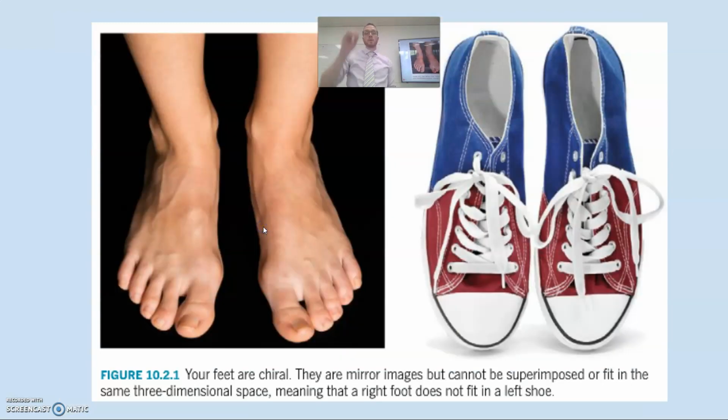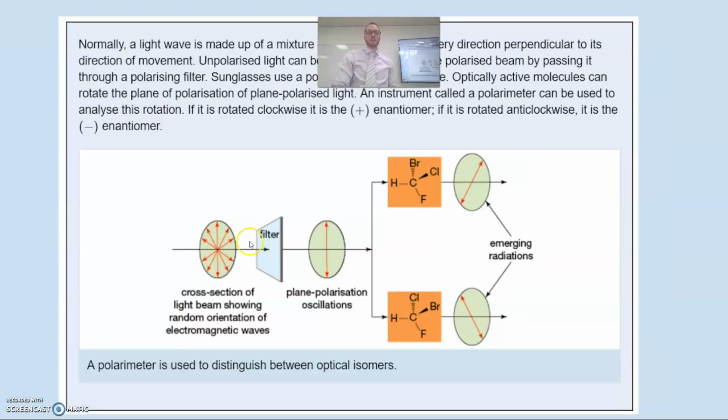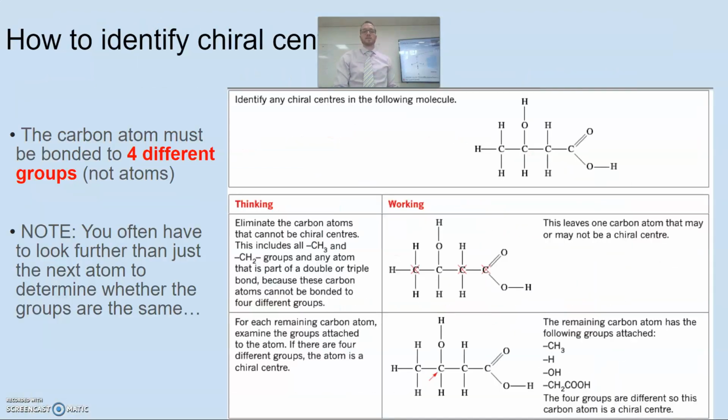So, for example, when you wear polarized glasses, you have a polarized filter. You've got light coming in that's within all directions of where the waveform is. The polarized light only takes one of the planes or one direction of that waveform, and then each of the enantiomers will bend that waveform in one direction or another. Don't really need to know that. But that's why it's called optical, because optics refer to things to do with light.